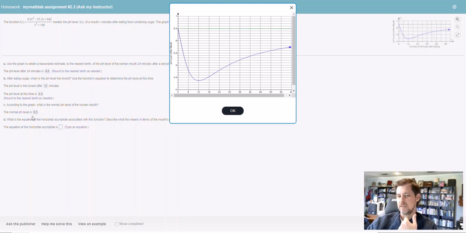I can say 6.5 is the normal pH level, but an equation of a horizontal asymptote would be the equation of this line that's dashed in green. The equations of horizontal lines always take the form y equals a number. So the horizontal line that goes through 6.5 on the y-axis has the equation y equals 6.5.